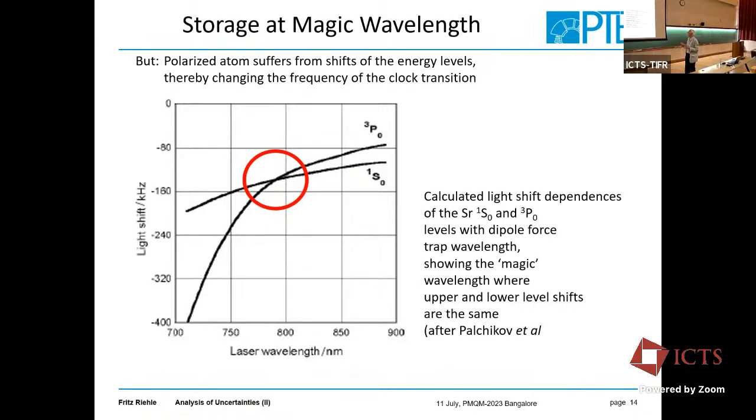But the fortunate thing that has been shown many years ago is that there is one frequency where both shifts are the same. They are really dramatic, 150 kilohertz or so, and we aim to go to hertz also or below. And therefore, this wavelength is called the magic wavelength.